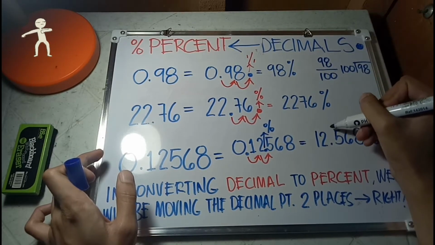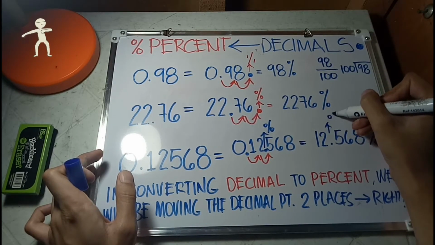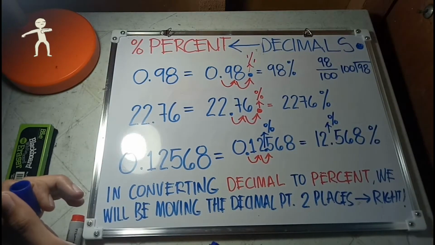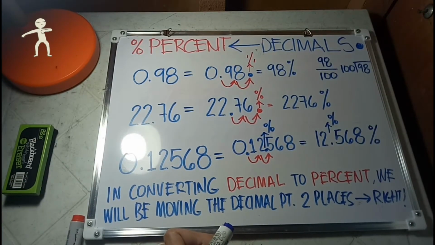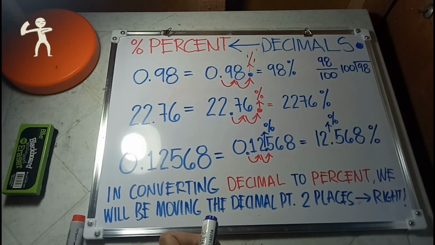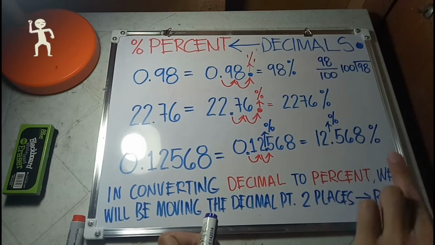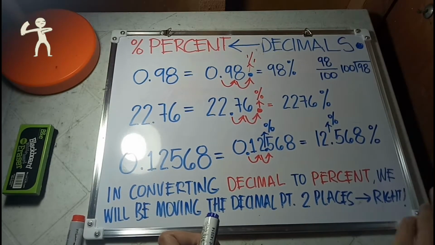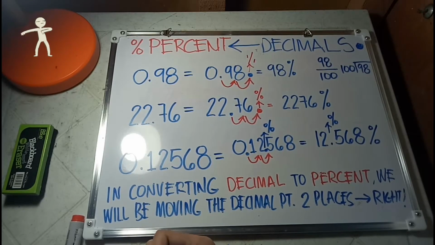Hindi po natin ilalagay yung percentage sign dito. Same thing happened rin po sa converting decimals to percent. Binali wala na lang po natin yung placement ng decimal point. And then we proceed on adding the percentage sign at the end right of the digits.